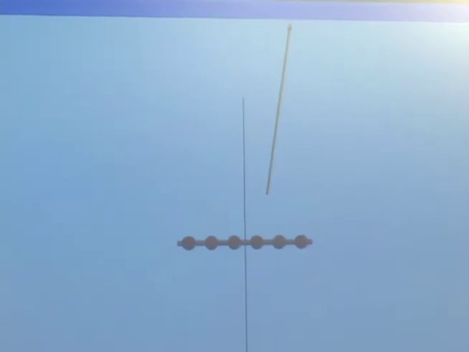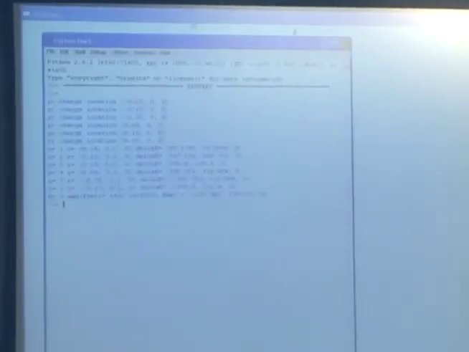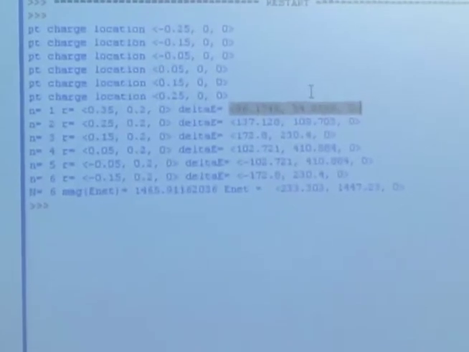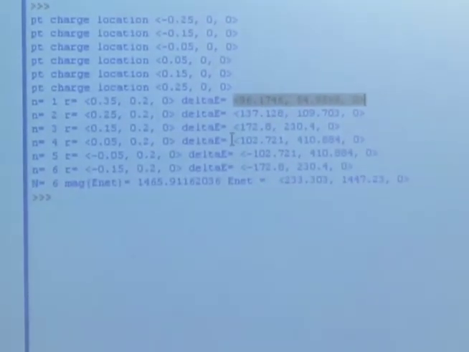Okay, and let's see what the results were numerically. I'm not sure if this text is big enough for everybody to see, but here was the first delta E that we calculated. And then when you get to segment number 4, we have 102.7, 410.9, 0.